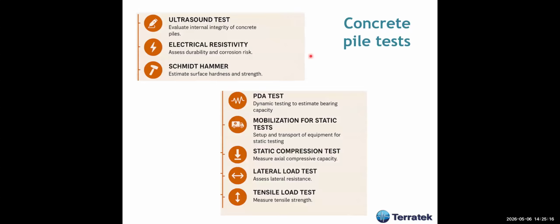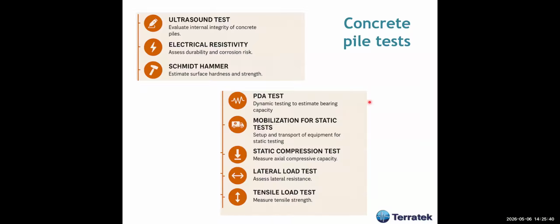Okay, and these are different types of concrete pile tests that you can carry out: ultrasound, electrical resistivity, Schmidt hammer. This is to test the concrete before you install the piles. I have a project in which we did all these tests in order to check the quality of concrete, because in the beginning we didn't trust it very much.